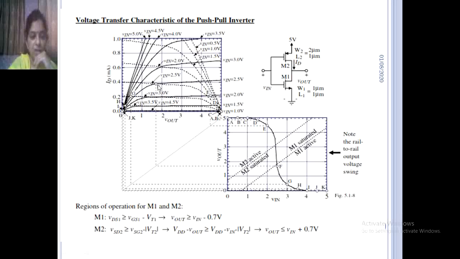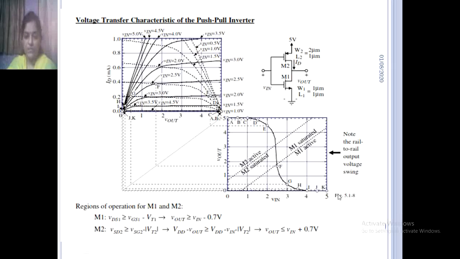The intersection point here is located at Vin equal to 2. Sorry, not this intersection, which means one is in off mode and the other is in on mode. Like that the operation takes place.